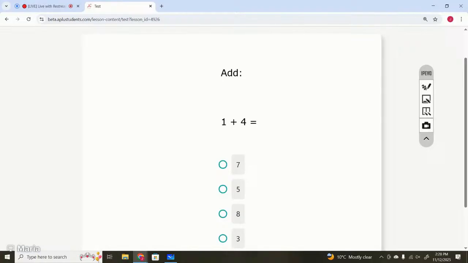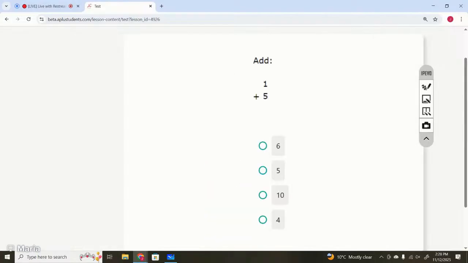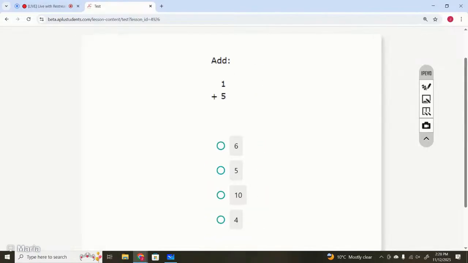Add 1 plus 4. So 1 plus 4 is 5. The correct option is 5. Option number 2 is the correct option.